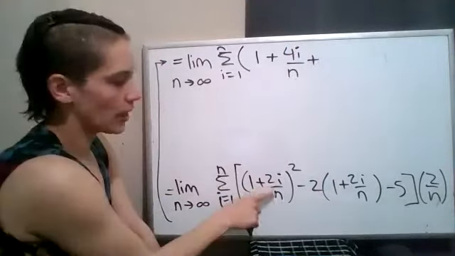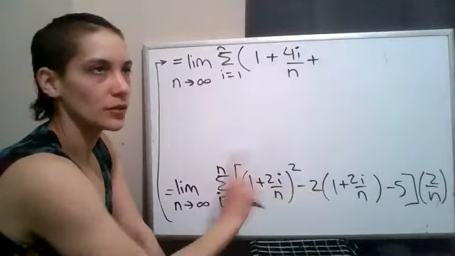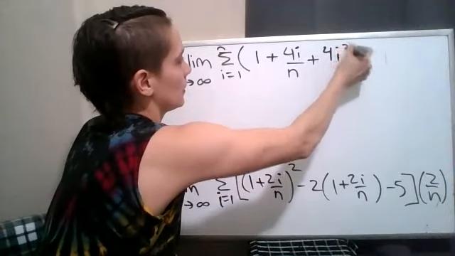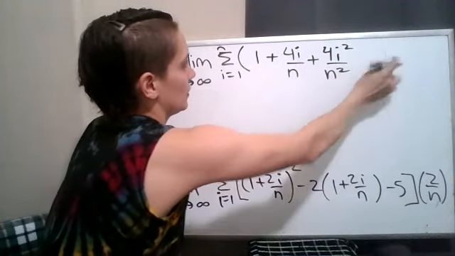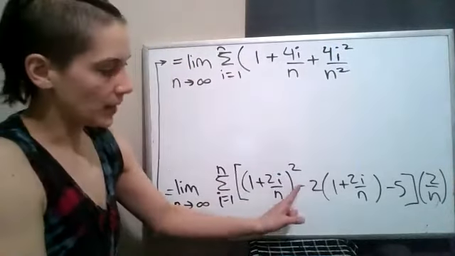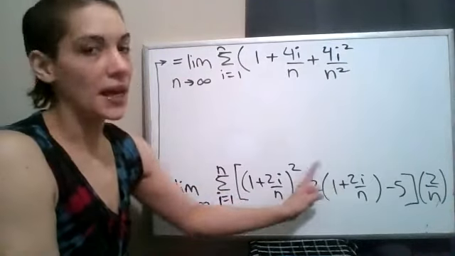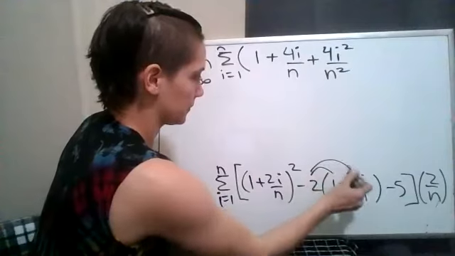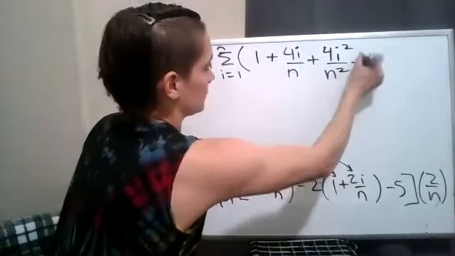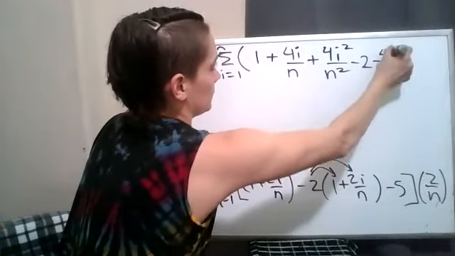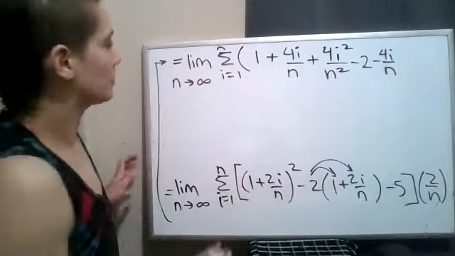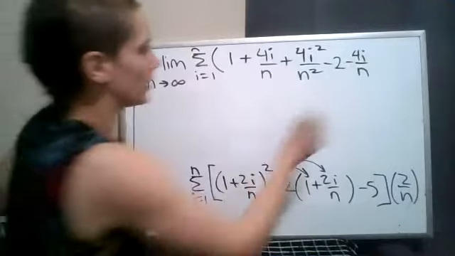Add 2i over n squared. So 4i squared over n squared. Okay, and then minus 2 and minus 4i over n. And minus 5 times 2, all of it times 2 over n.